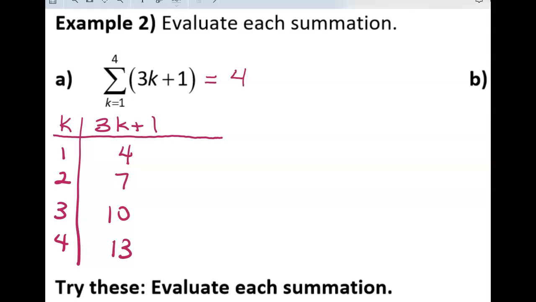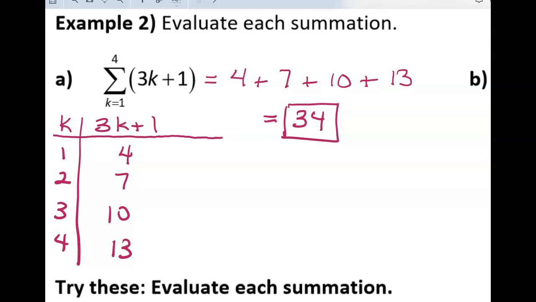What we're about to do with them, which is add them together, is an arithmetic series, which is just a sequence of terms that has been added together. If we add 4 plus 7, that's 11, plus 10 is 21, plus 13 is 34. So 34 is the value of this summation.